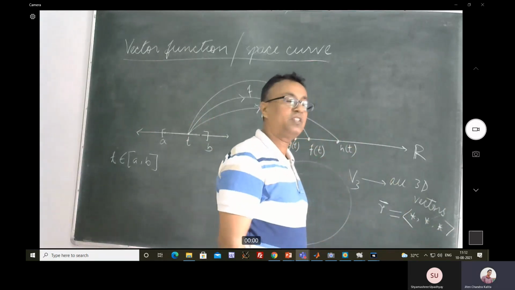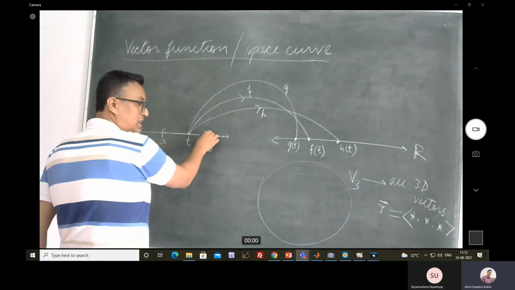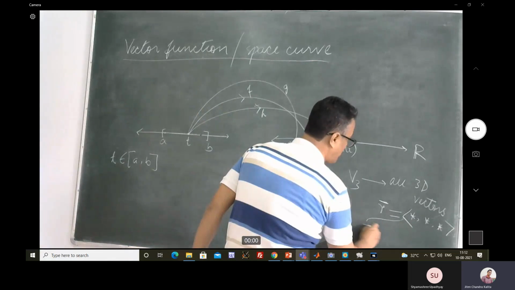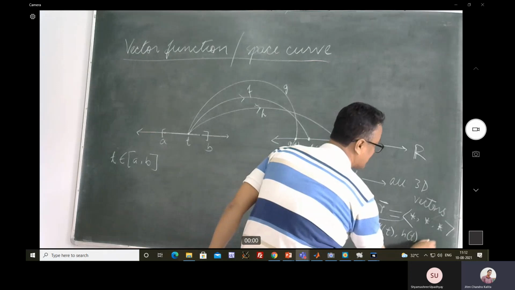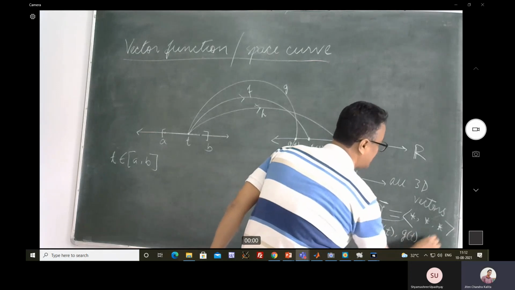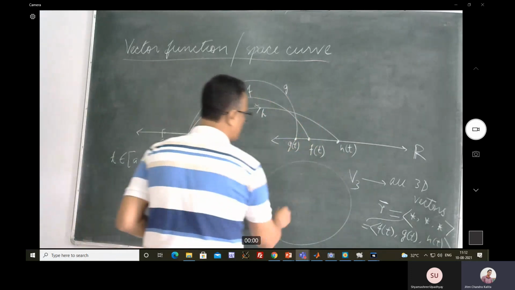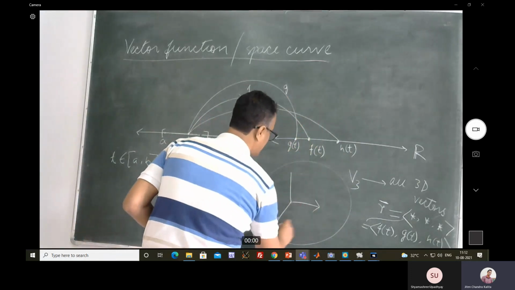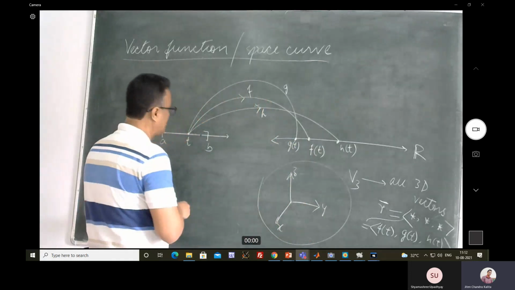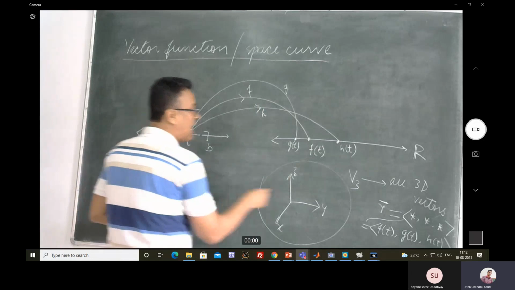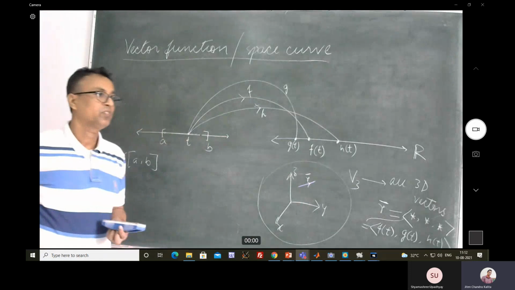If I choose those components in such a way that, corresponding to a value t lying in this interval, the components are f(t), g(t), and h(t), then what is going to happen? In the three-dimensional space, for each t, I will be able to define a vector r here. Is it okay?